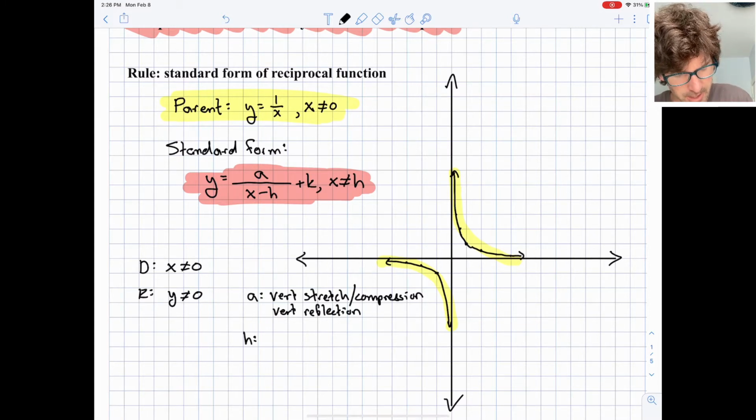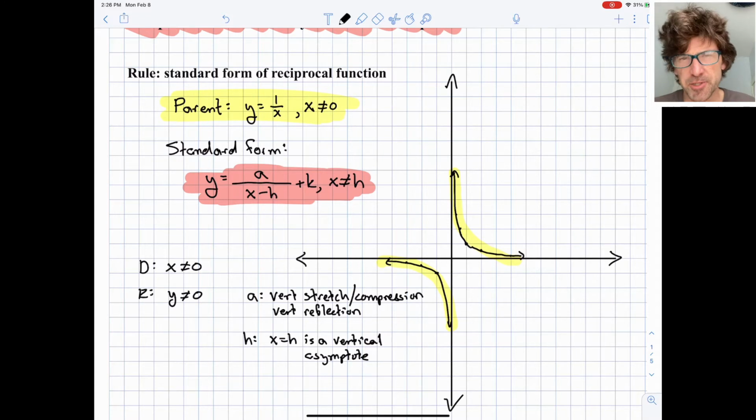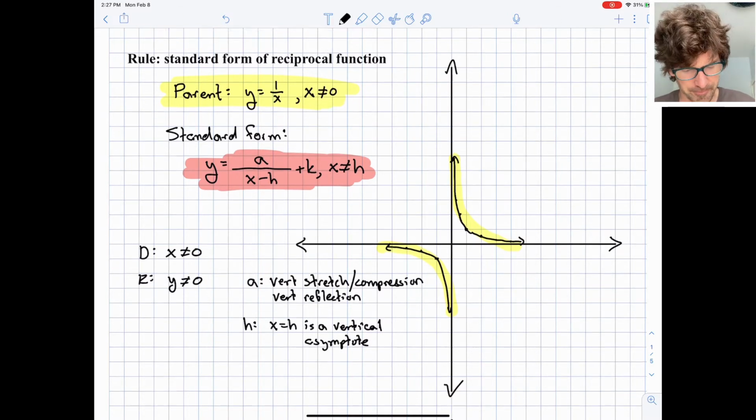Here's what h does. The vertical line x equals h is a vertical asymptote. Okay, so if h were 2, the denominator in our rational function would be x minus 2, and that line x equal to 2 would be a vertical asymptote. And I hope you can see why that makes sense. If x is equal to h, we would have a 0 in the denominator of our equation.